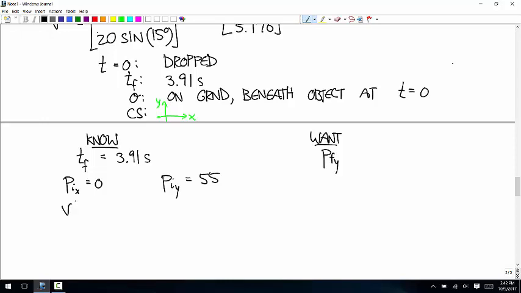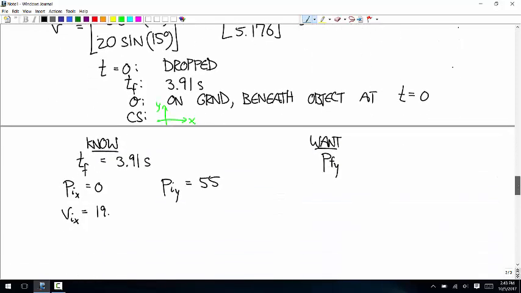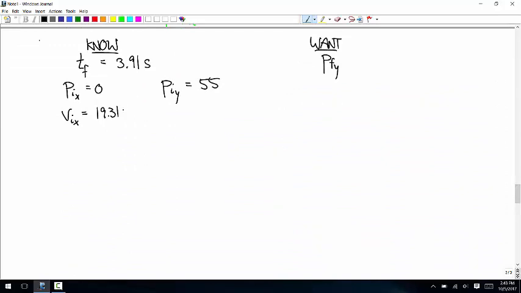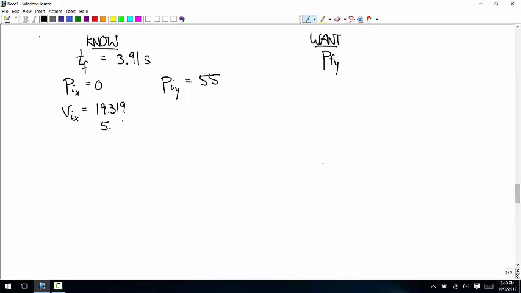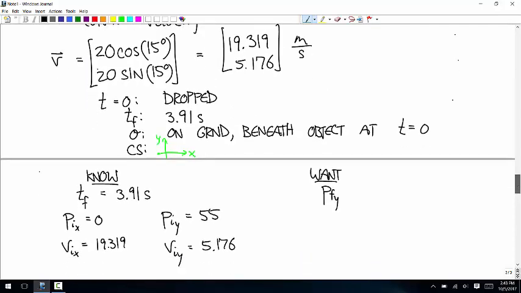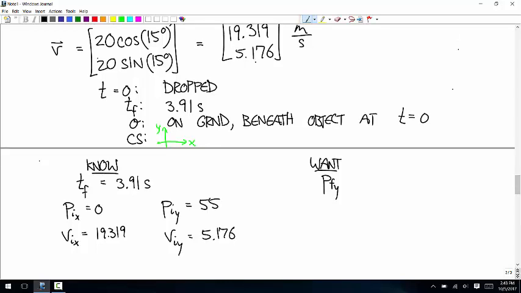We know that the velocity is constant, so VIX is equal to 19.319 and VIY is 5.176. So the X component is the 19.319. The Y component is the 5.176. I have it written here like that.